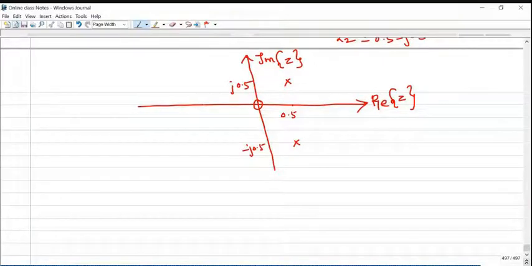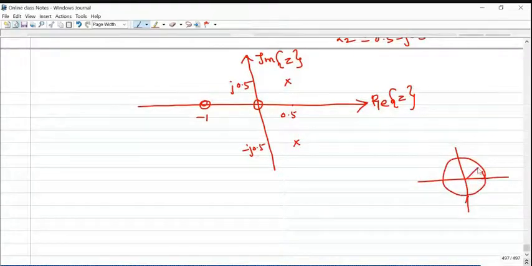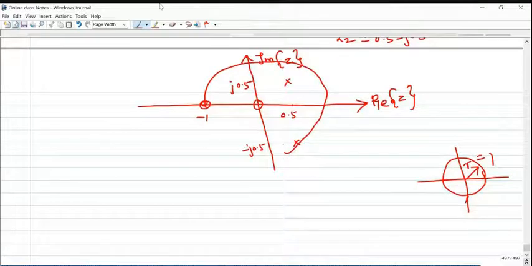I am not drawing a circle with a radius of zero, so don't remember that. Generally, we have to draw a unity circle with the radius of 1. This circle I'm going to draw now, so draw it carefully.